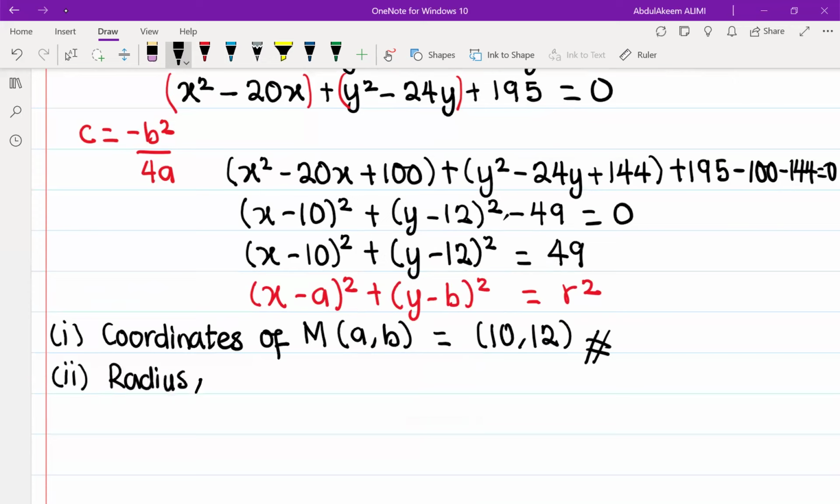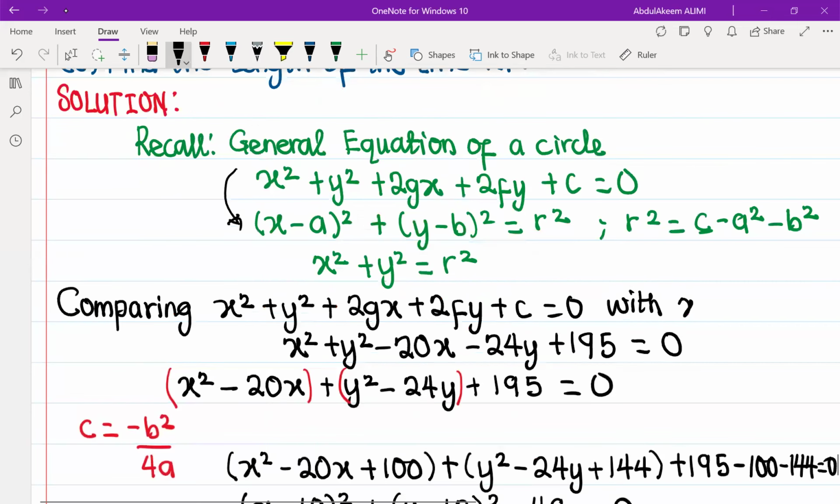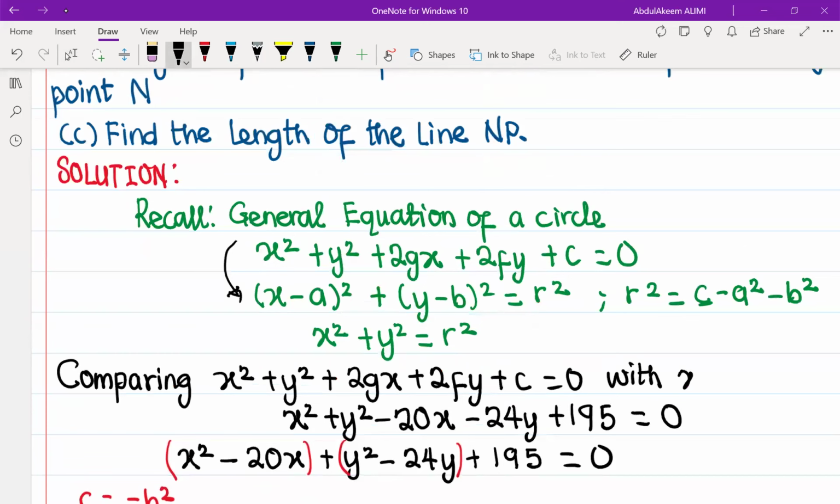Since we have r squared equals 49, that means r equals the square root of 49, which gives me 7. That is what we have for A.